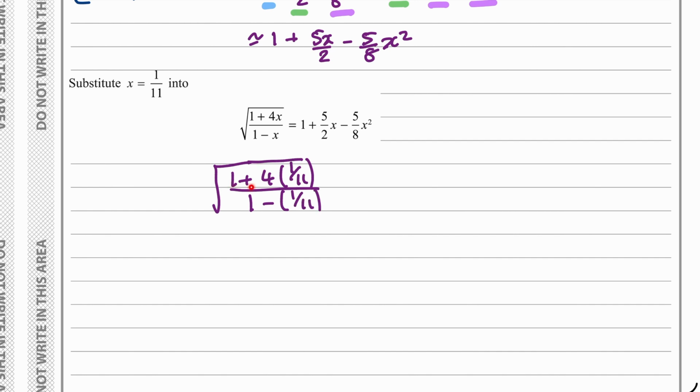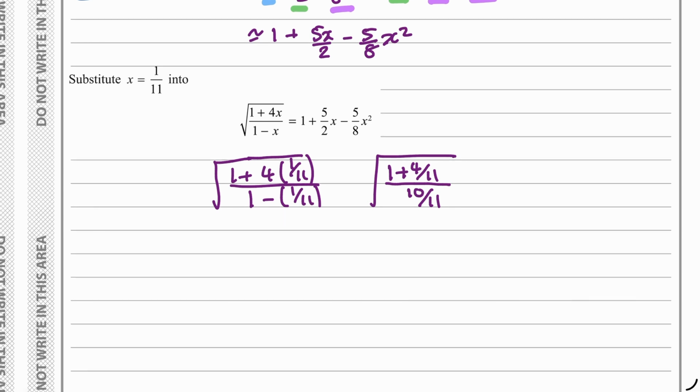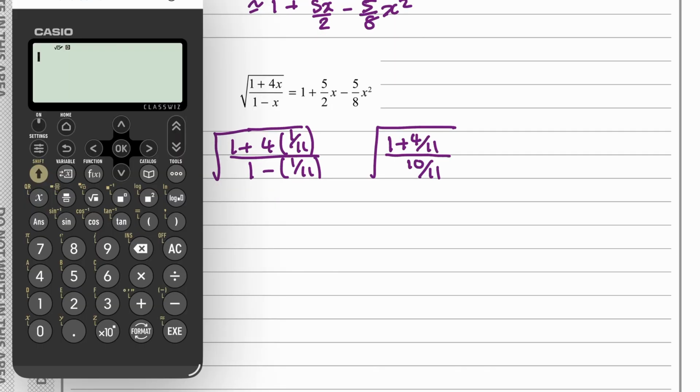We've got 1 plus 4/11 over 11/11 take away 1 over 10/11. And we're taking the square root. And I can work this out on my calculator. So we'll have the square root of 1 plus 4/11 divided by 10/11. And this will give us root 6 over 2.